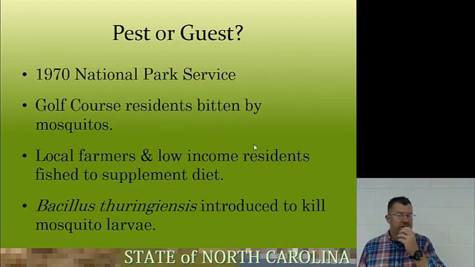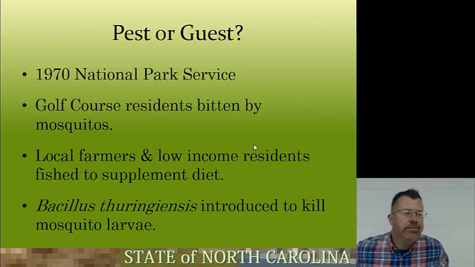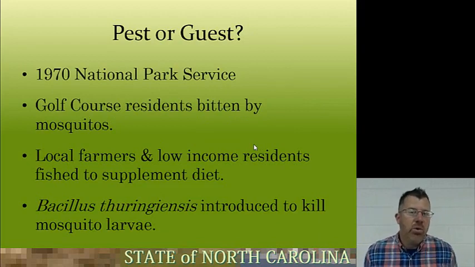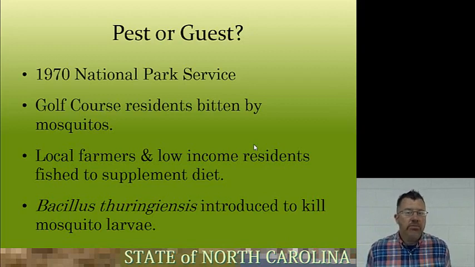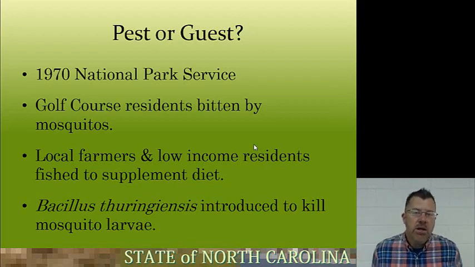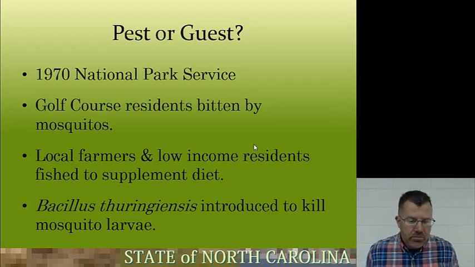In the 1970s, the National Park Service had some bad publicity when it came to a golf course. Players and residents around the golf course complained about being bit by mosquitoes a lot. There was a large population of mosquito larvae in a nearby river.